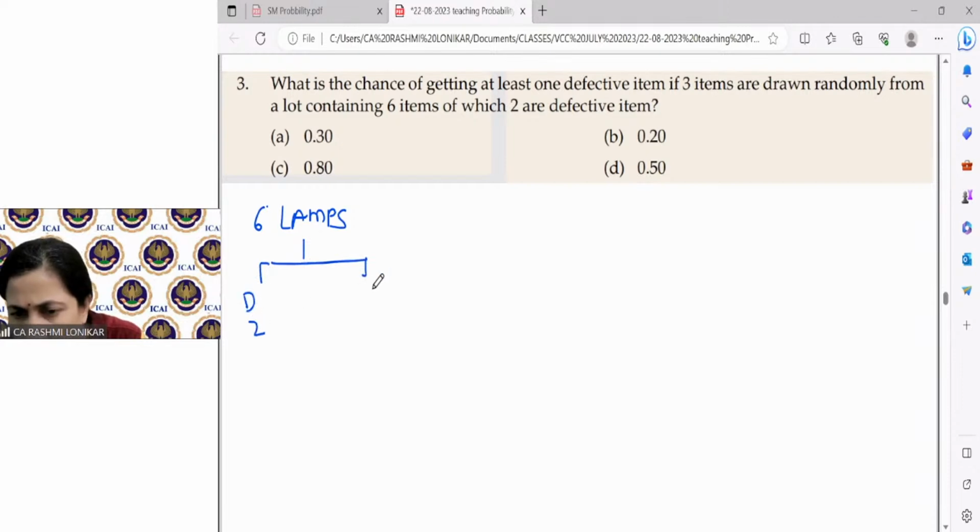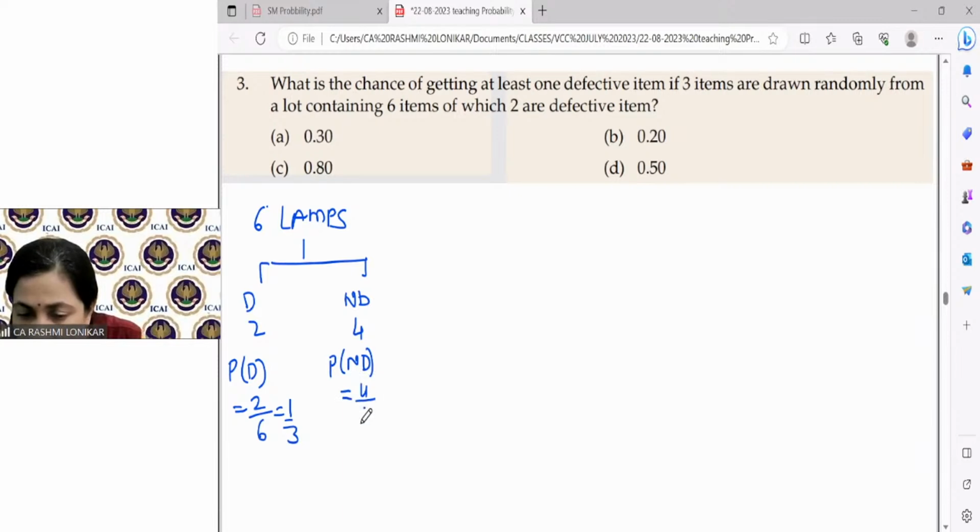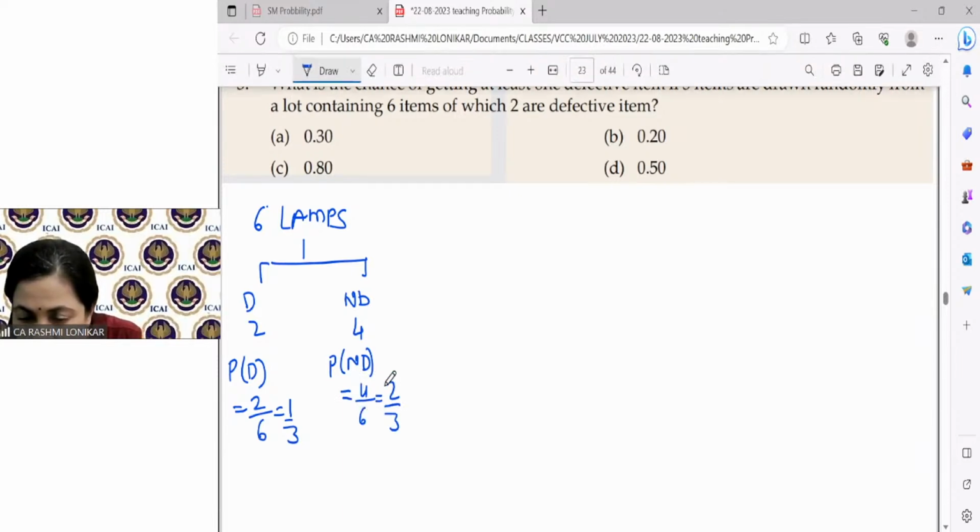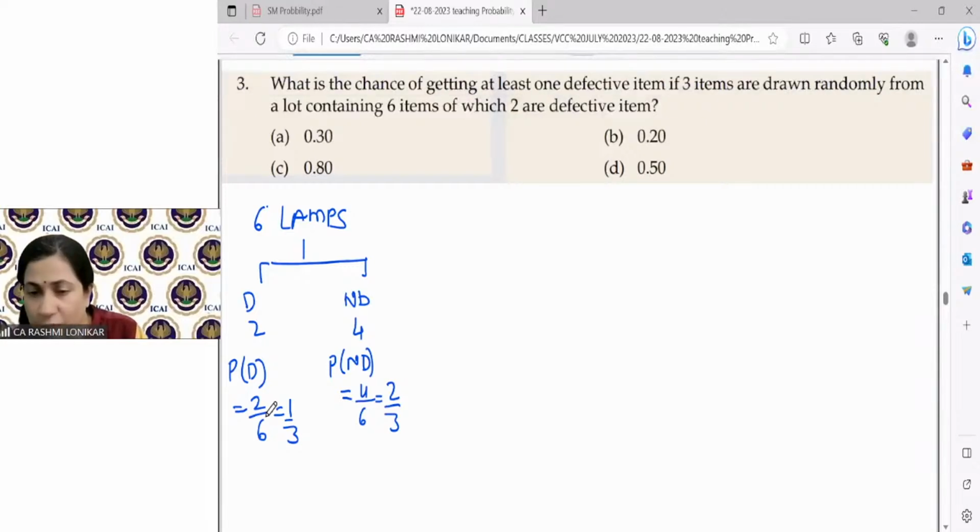Defective is 2. Non-defective will be 6 minus 2, 4. What is the probability of getting a defective? It is 2 upon 6, which is equal to 1 by 3. What is the probability of getting not defective? 4 by 6, which is equal to 2 by 3. 2 by 3 plus 1 by 3 is 3 upon 3, which is equal to 1. That's also something I should know.